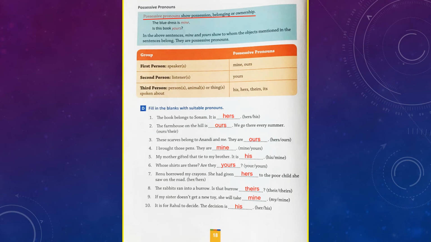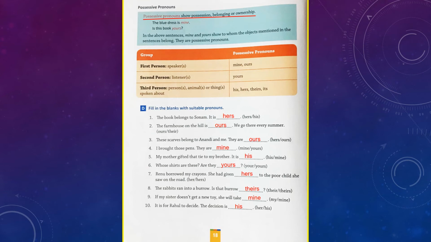Number 8. The rabbits ran into a burrow. Is that burrow theirs? Number 9. If my sister doesn't get a new toy, she will take mine. And number 10. It is for Rahul to decide. The decision is his.